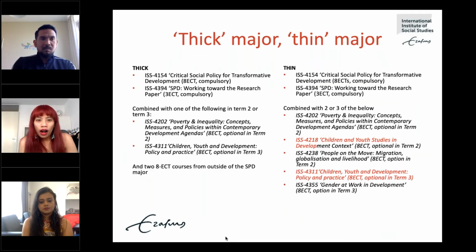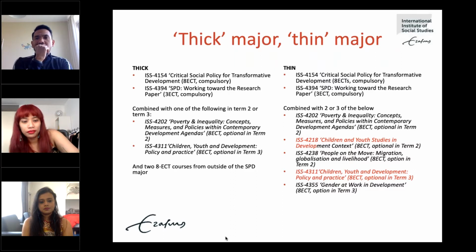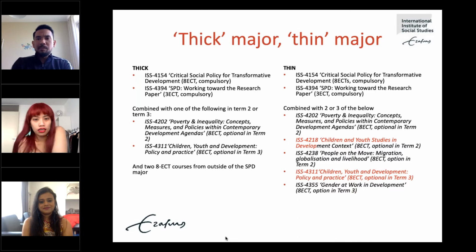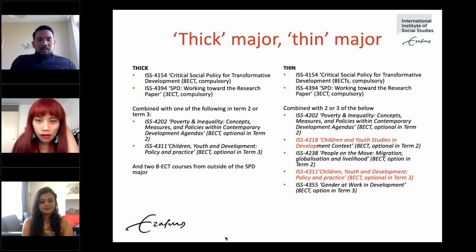There are two ways to achieve the SPD major. One is this thick major, which means you take courses all within the major. So again, you have those required courses of critical social policy and working towards the research paper, and you combine that with one of the following in term 2 or 3, and that's poverty and inequality or the children youth studies course.